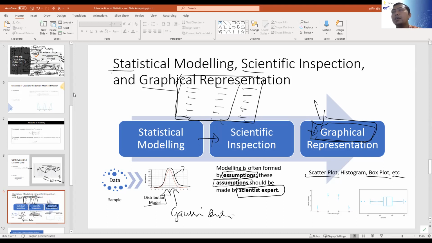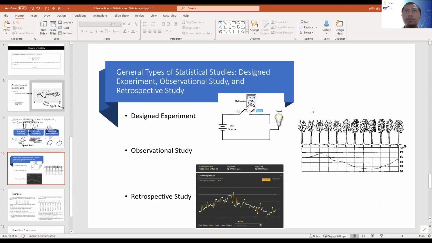Those things we are going to discuss later. This is a kind of scatter plot, this is a kind of box plot. Okay, move on. I think this is the last slide for today.